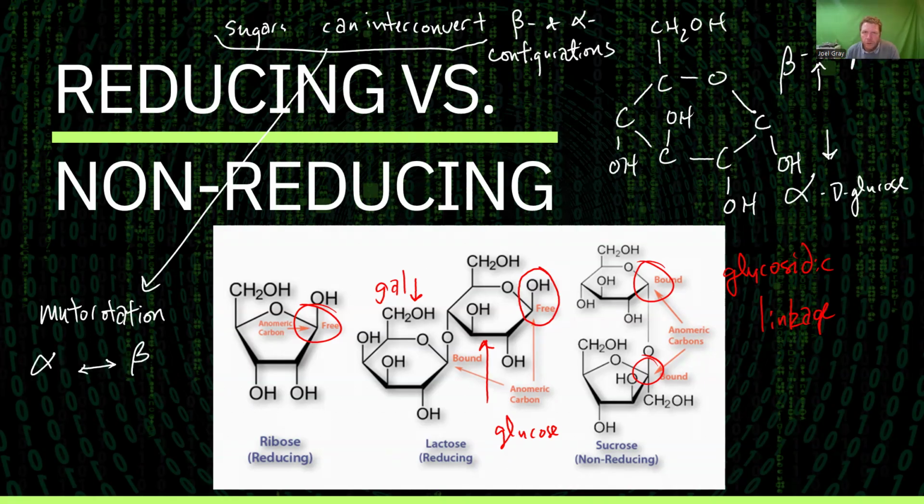One thing I want you to know is that this OH group is not on a pinwheel where it just swings up. Instead, for a sugar to go from the alpha configuration to the beta configuration, the ring opens up and rearranges.